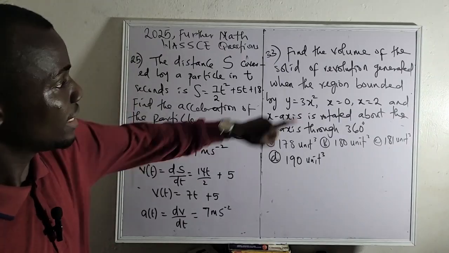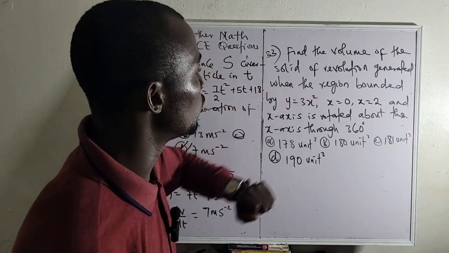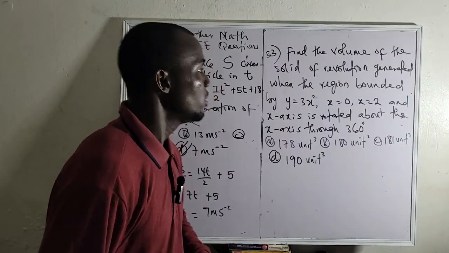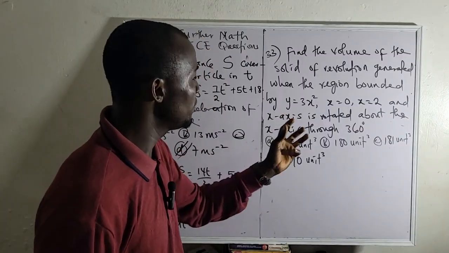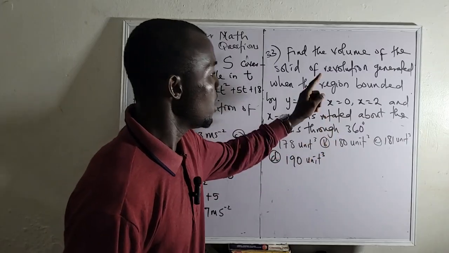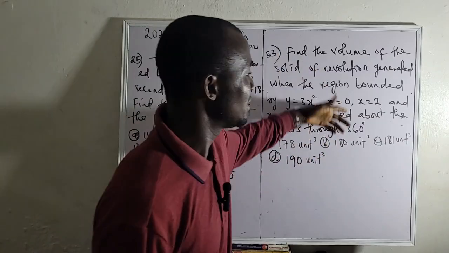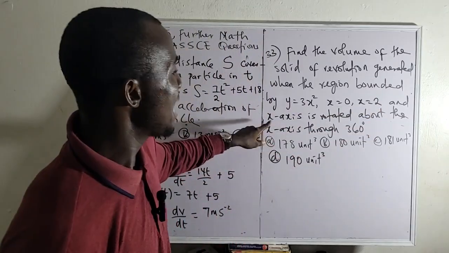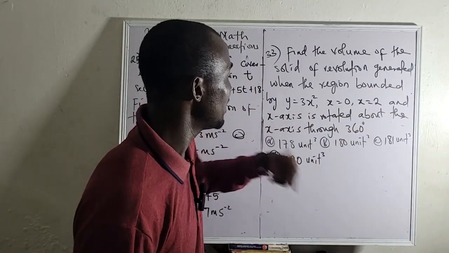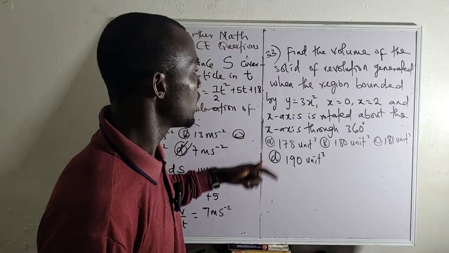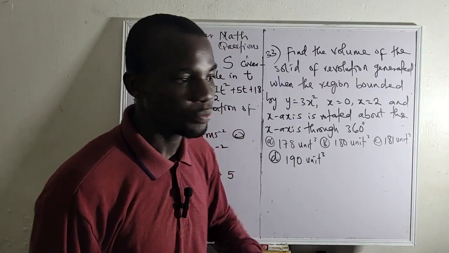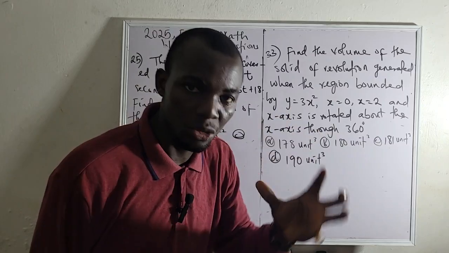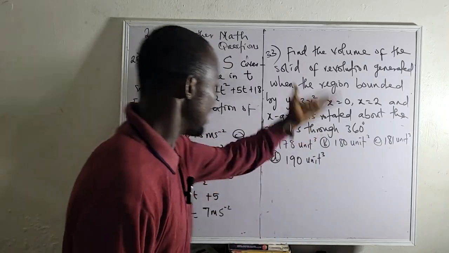Okay. Now, here you go. We say find the volume of the solid of revolution generated when the region bounded by this equation, with the interval x equals 0 to x equals 2, and the x-axis is rotated about the x-axis through 360 degrees. It means that it's a complete revolution. Now, that's what we are looking for.